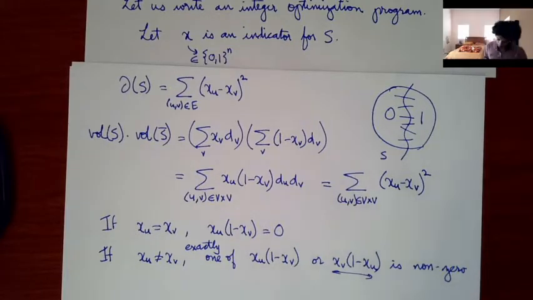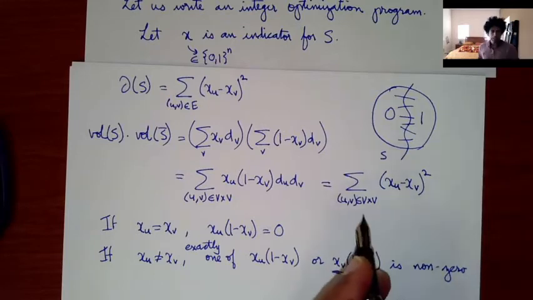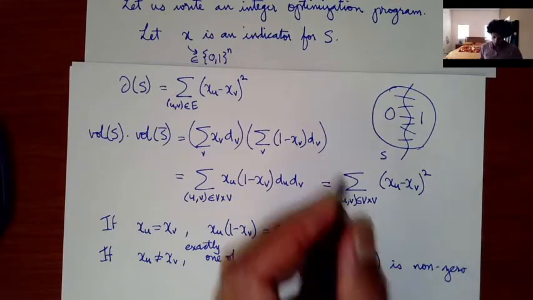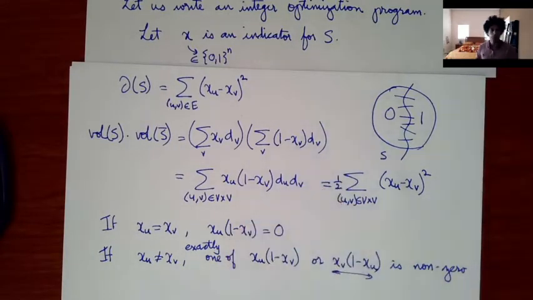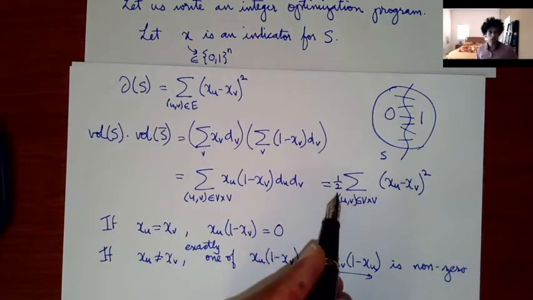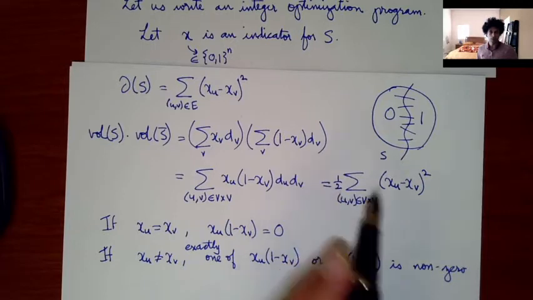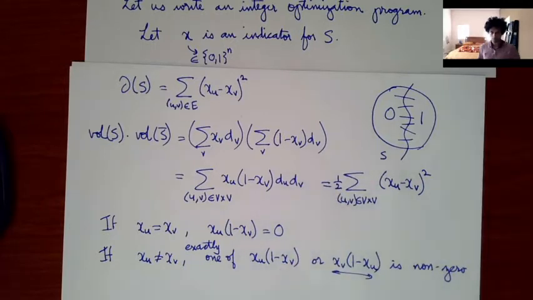Technically I double count, so I put a half over there. Does that make sense? Questions?